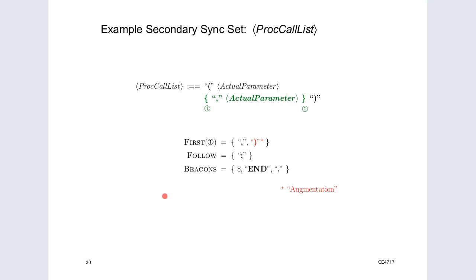And then finally, this is an example of a secondary synchronization set, procedure call list, which is pretty straightforward. As you can see here, you don't need to implement this or any of the other secondary salgol points. So just to emphasize, what I would like you to do for parser 2 is implement primary salgol resynchronization inside accept, and then the 3 augmented salgol primary resynchronization points.